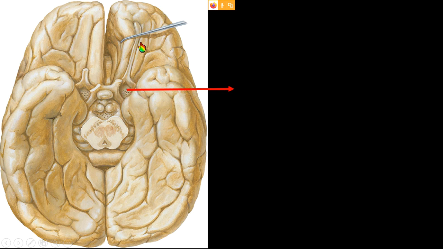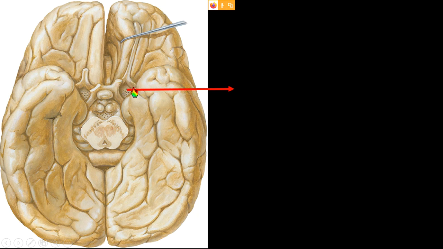Then the orbital surface is slightly concave and formed by the lower surface of the frontal lobe. Here you can identify a sulcus called the olfactory sulcus, extending anteroposteriorly close to the medial frontal margin and lodging the olfactory bulb and its tract. The tract reaches the anterior perforated substance and diverges into the medial and lateral olfactory striae.